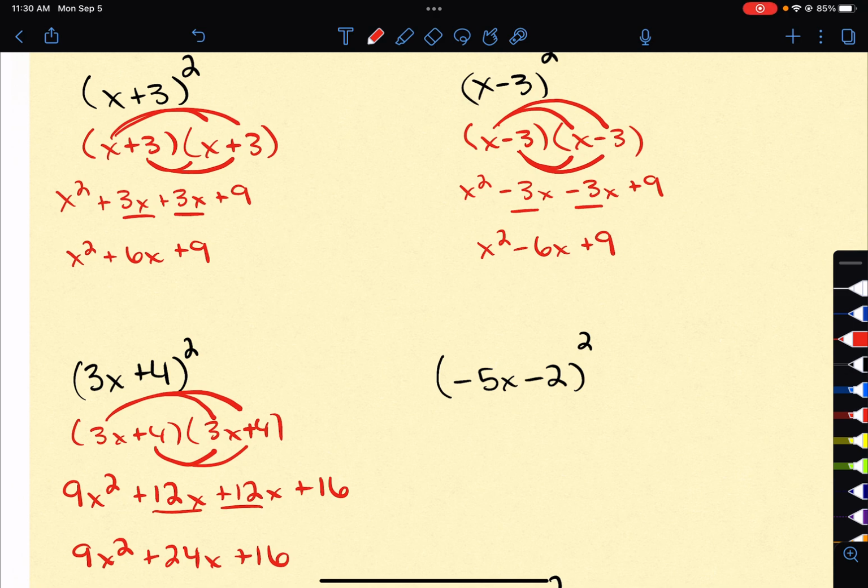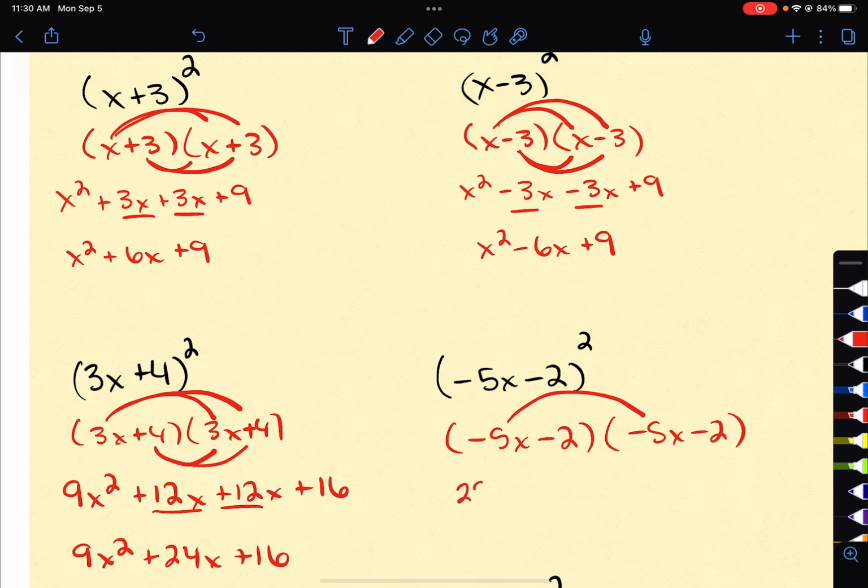bit faster, all right? Negative 5x minus 2 squared means negative 5x minus 2 multiplied by negative 5x minus 2. So negative 5x times negative 5x, that becomes 25x squared. Negative 5x times negative 2 is positive 10x.